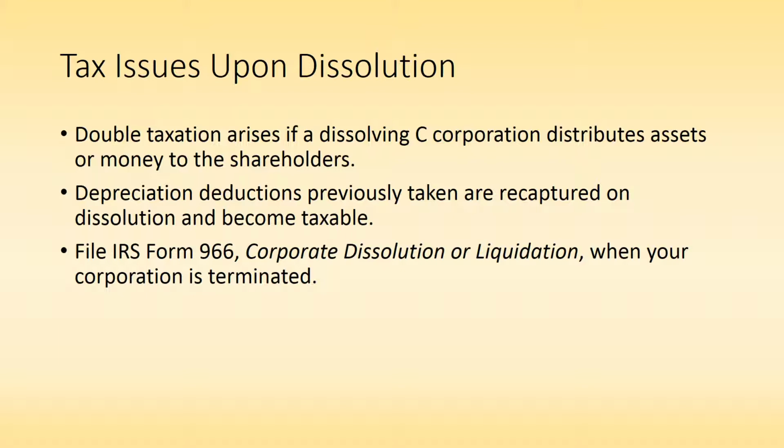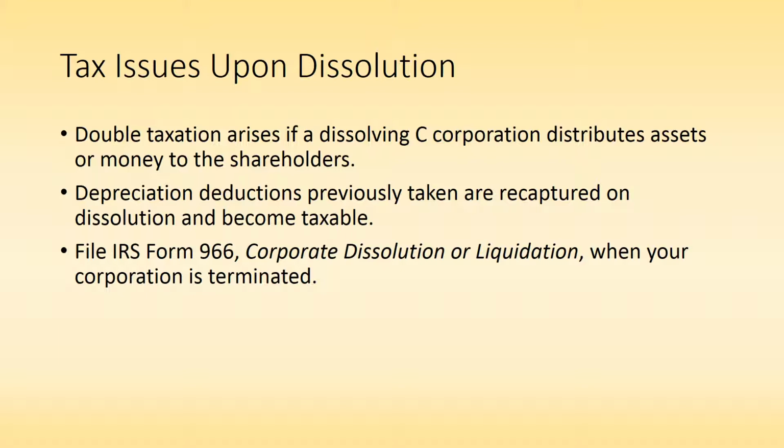If the corporation has ever claimed any tax benefits, such as depreciation, on its assets, the corporation's basis in these assets may be very low or even zero. Depreciation deductions previously taken are recaptured on dissolution and become taxable. The result may be unexpected taxable gain even when the corporation disposes of these assets for minimal amounts.